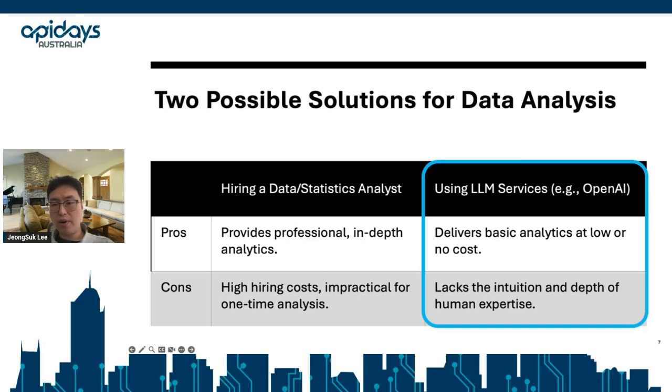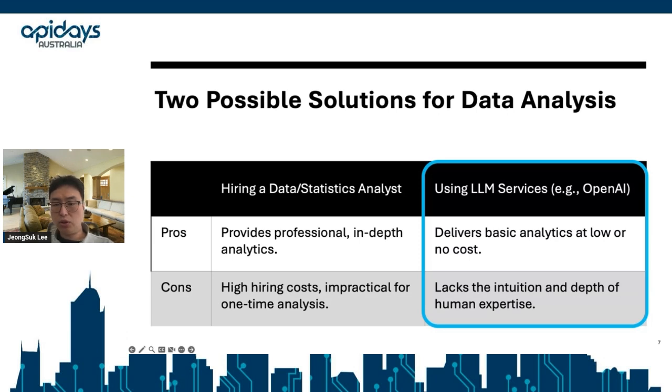To solve the problem and provide a better understanding to business stakeholders, we can consider two options. The first option is to hire an analyst or borrow an analyst from other teams. The second option is to use LLM services such as OpenAI, Gemini, or whatever.